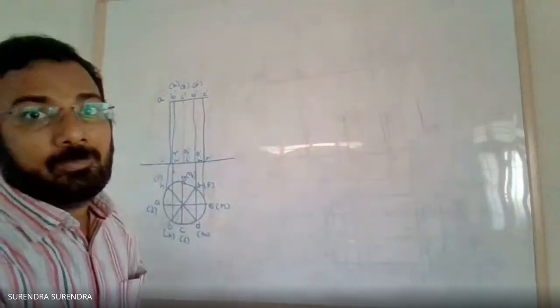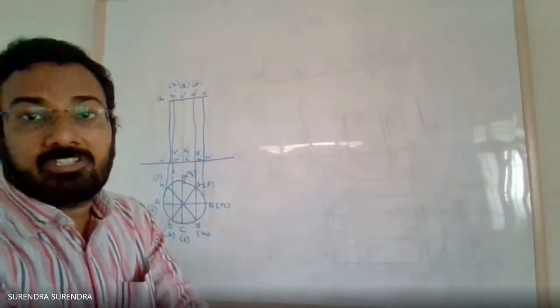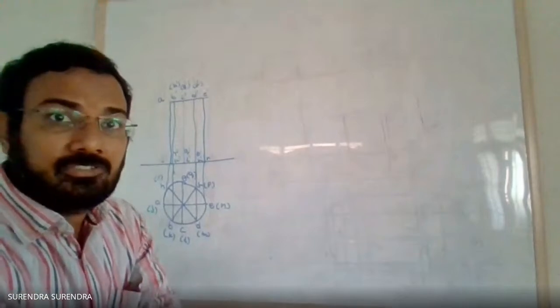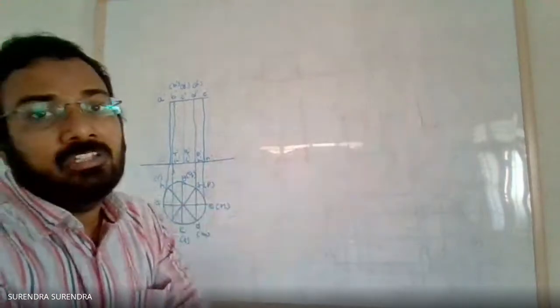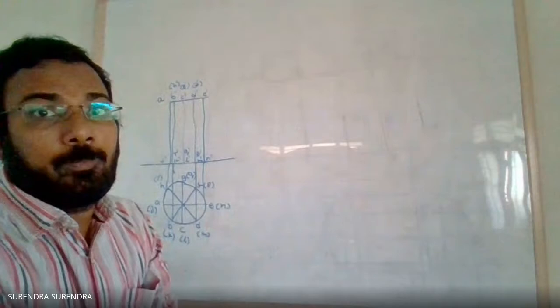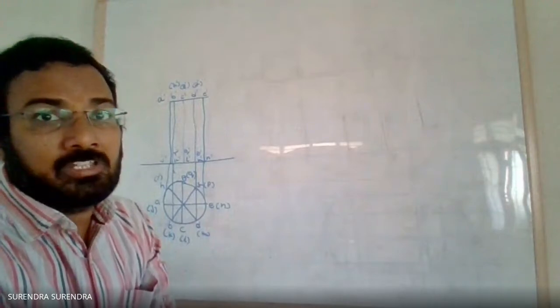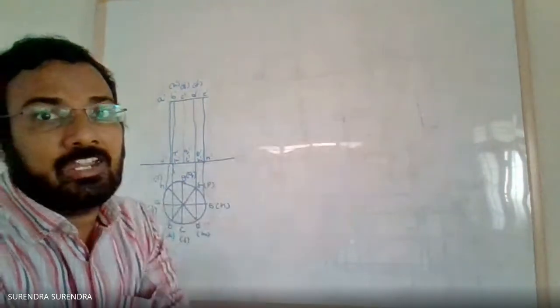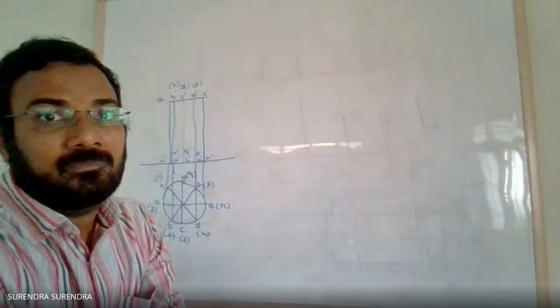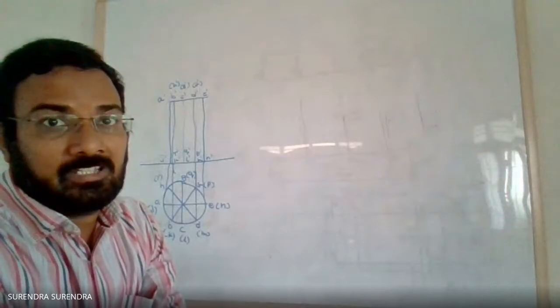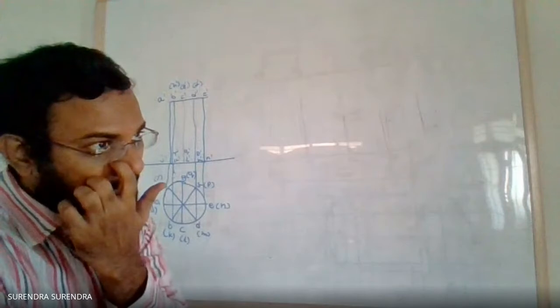Now the development of the surface. We are asked to draw the complete surface. So first the lateral surface. If you open a cylinder, what is the total length of the surface? Any of you?